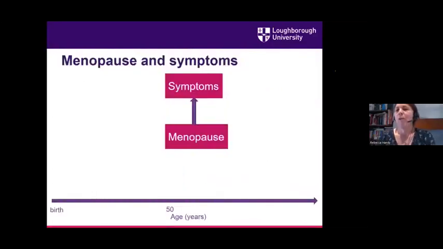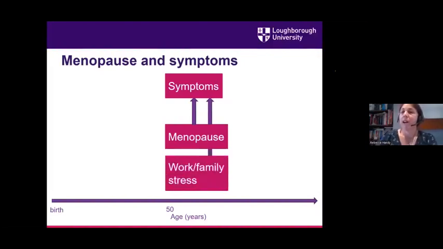Therefore, we often attribute these symptoms that we experience at the time of menopause to menopause, but what this research and others has shown is that concurrent stresses or social factors might also influence symptoms. Menopause coincides with the time of life where women also experience other transitions potentially.